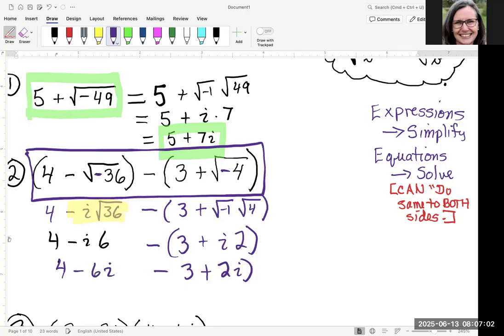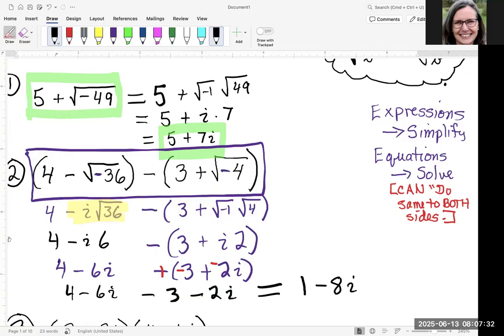Now again, we need to distribute. Distributing the negative sign, I'm looking at it 4 minus 6i minus 3 minus 2i is the same thing as 4 minus 3 minus 6i minus 2i.